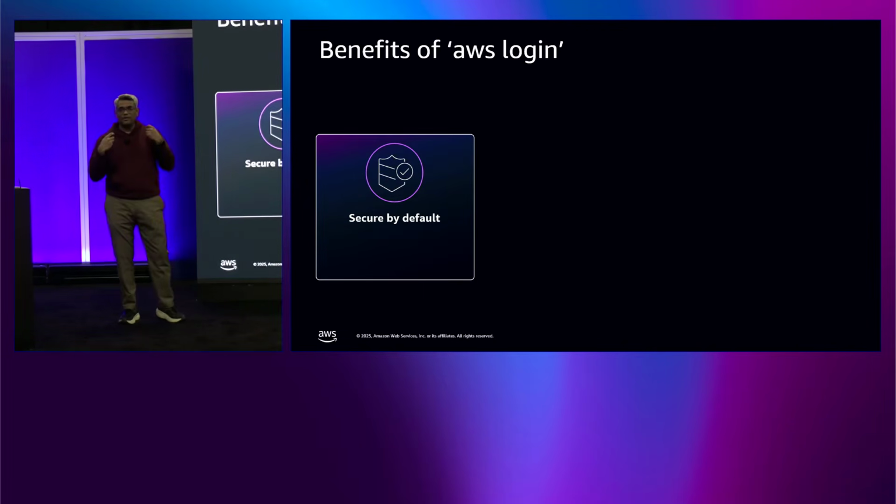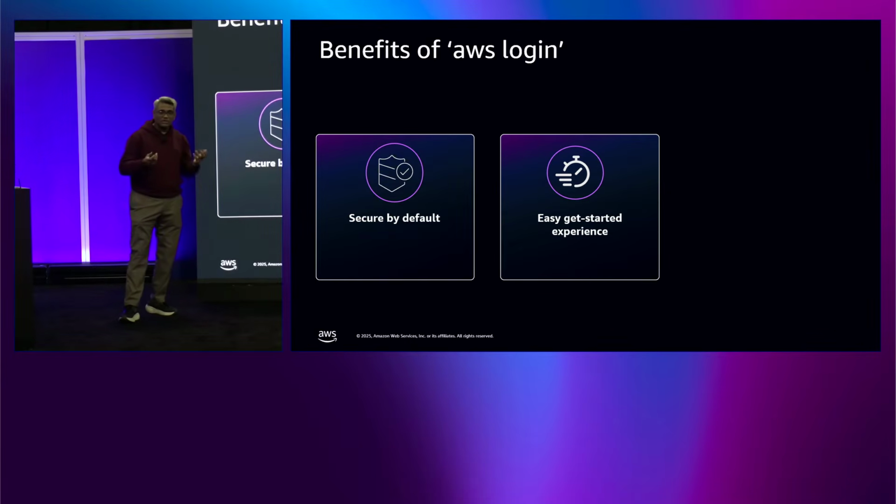Even though they are short-lived, we take care of refreshing them behind the scenes so that they can be valid for up to 12 hours. And we also have some cryptographic mechanisms in there to make it harder to steal these credentials from one device to another.